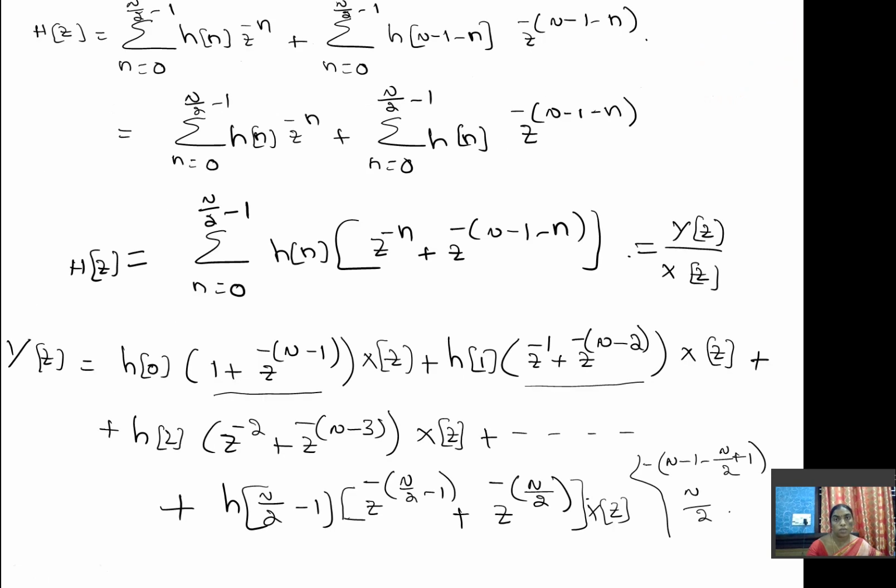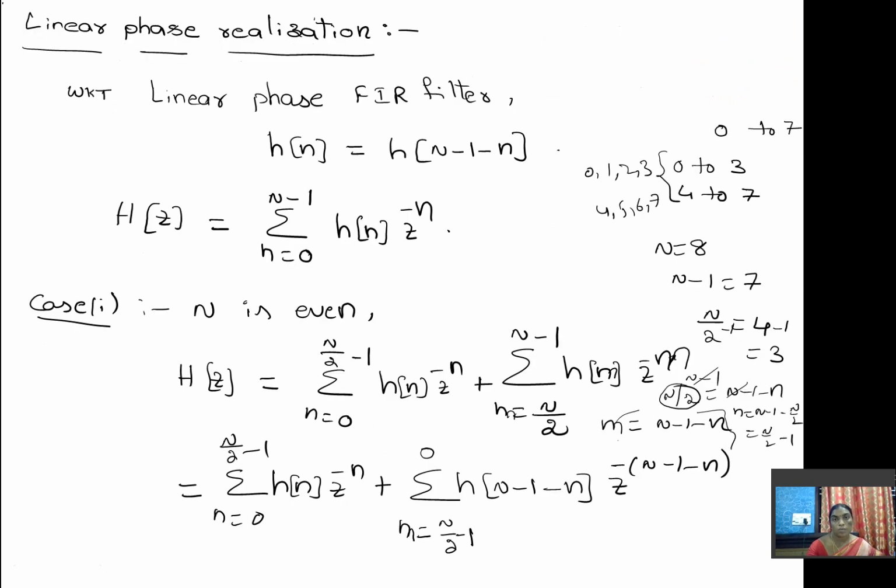Okay, see here in this previous example, n is even. N is even means n minus 1 means odd. So odd means here 0 to 7 samples are there. So first half means 0, 1, 2, 3. Next one 4, 5, 6, 7. In this way you just split the samples into two equal parts.